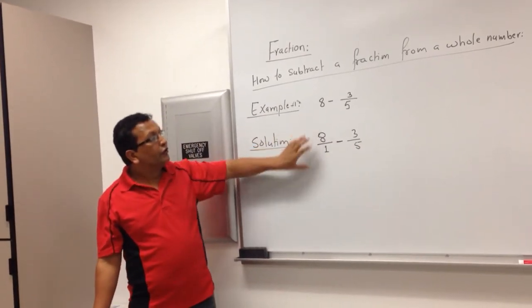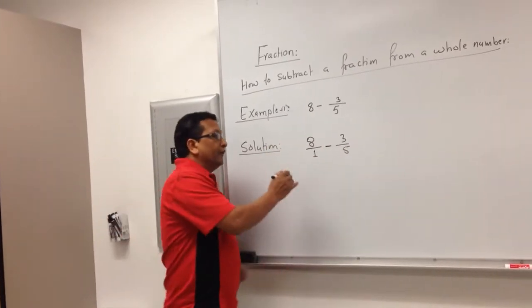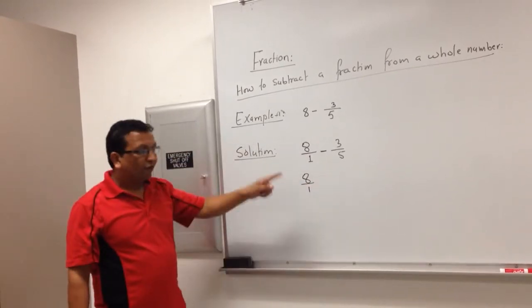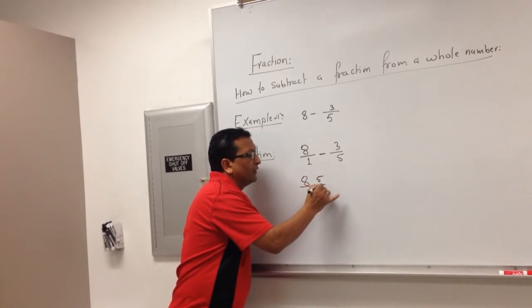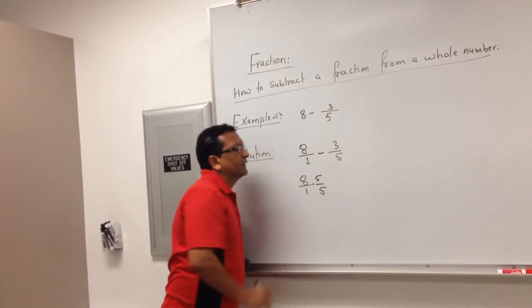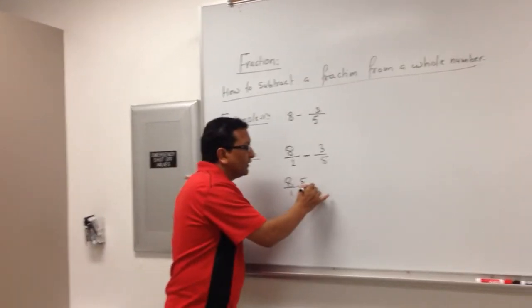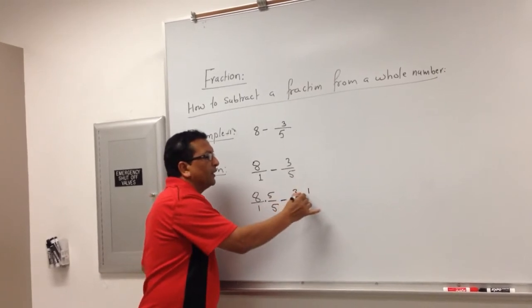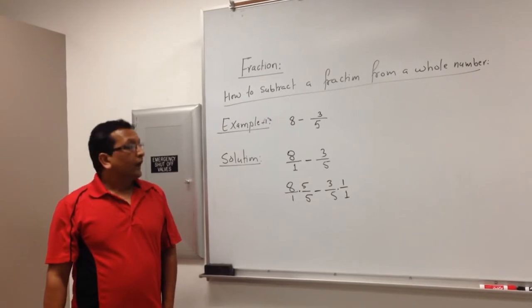To make the denominator of the first fraction 5, we multiply both top and bottom of the first fraction by 5. And for the second term, 3 over 5, we can multiply top and bottom by 1 over 1. Any question?